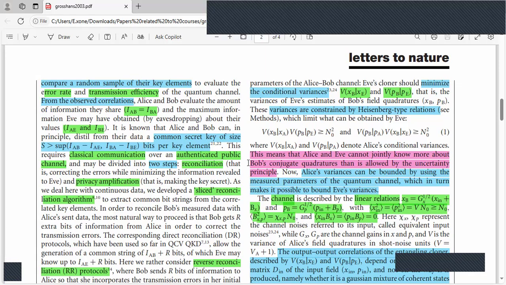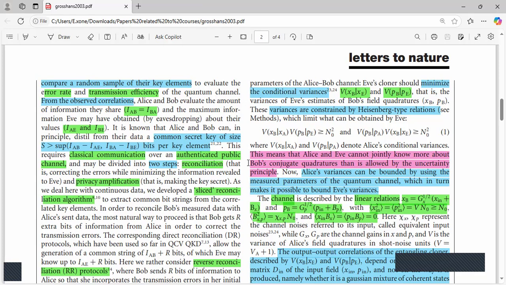So if Alice has much more correlated data and much lesser deviation between her data and the data of Bob, then there is much more deviation between Bob's data and Eve's data. This is the one-to-one correspondence between these two values.